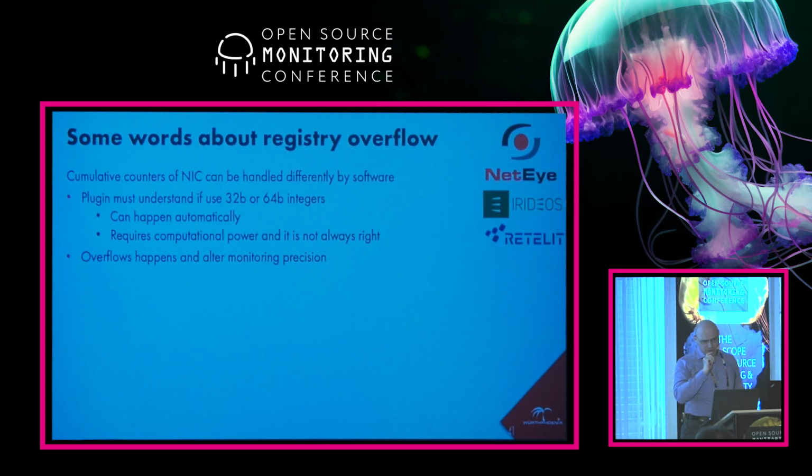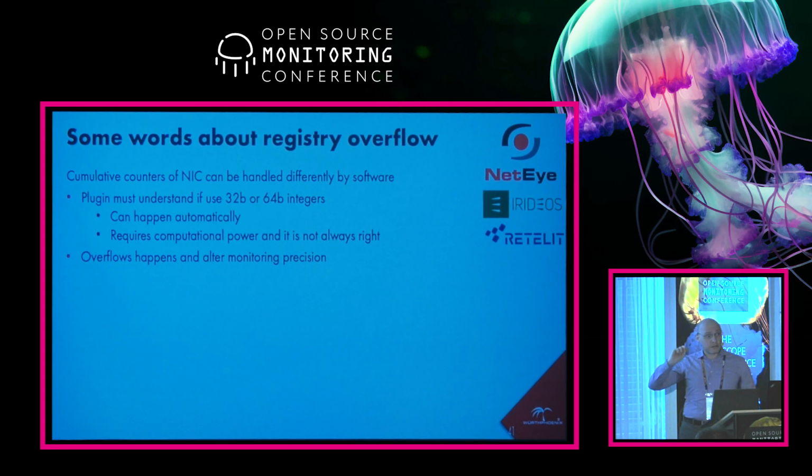The last point is the most controversial one. Counters are registers, so registers are bound to overflow and reset. How often does this happen? Network devices provide both 32 and 64-bit wide registers, and the plugins have the ability to try to understand and get the correct counters, but this does not always happen.